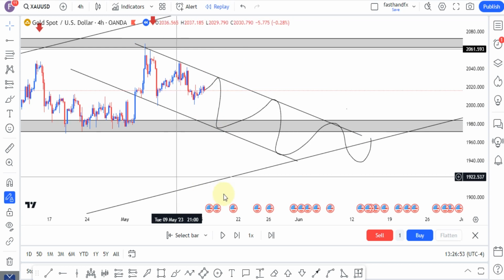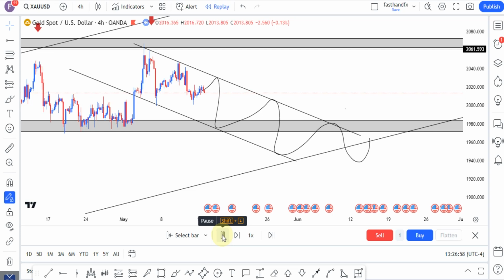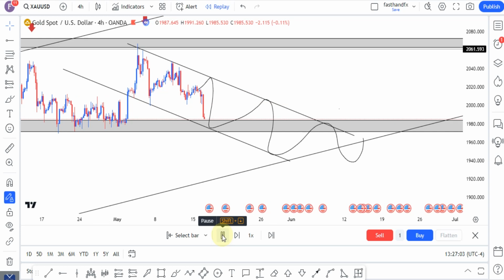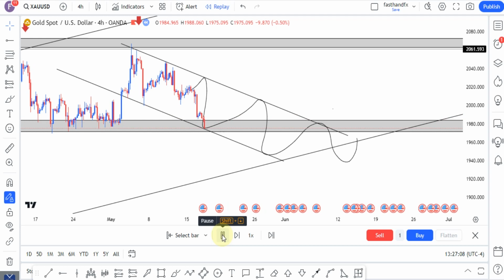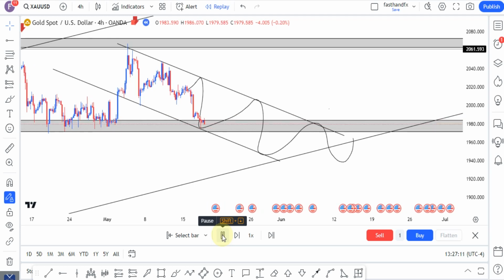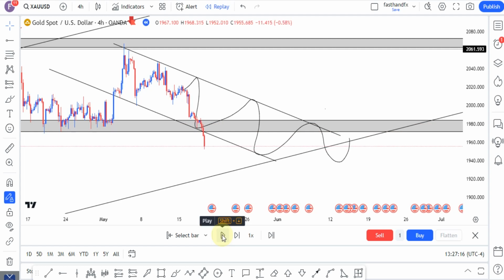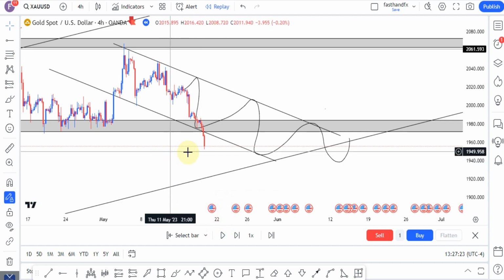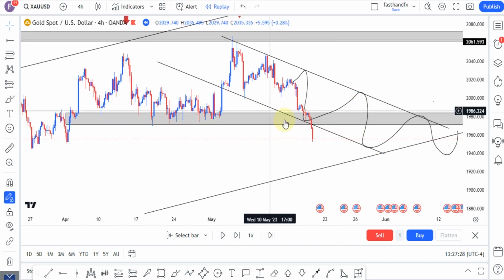So let's see what the market does around this area. So this is another thing we should be keen on.